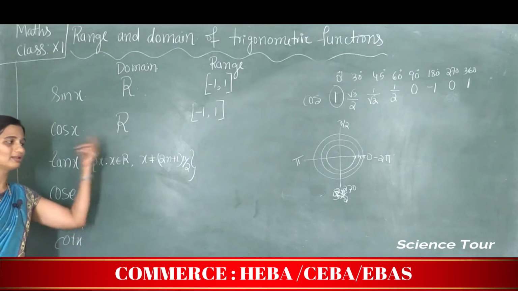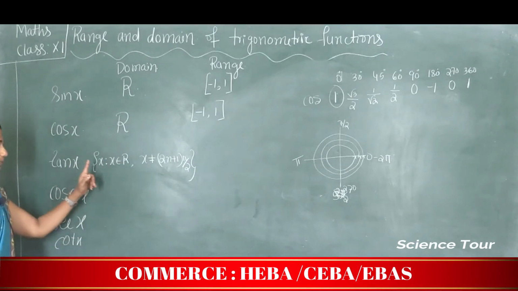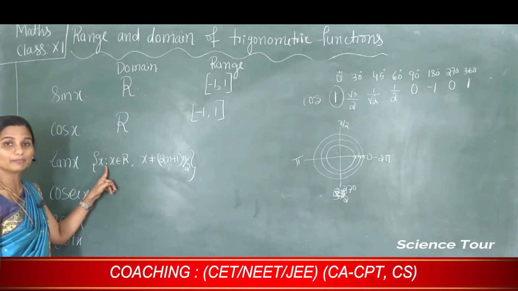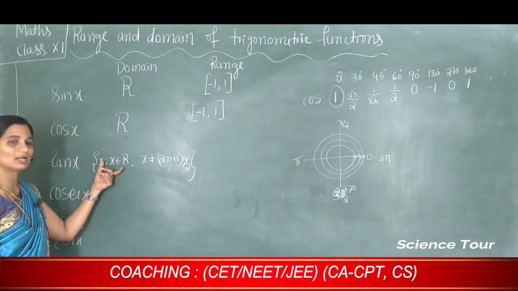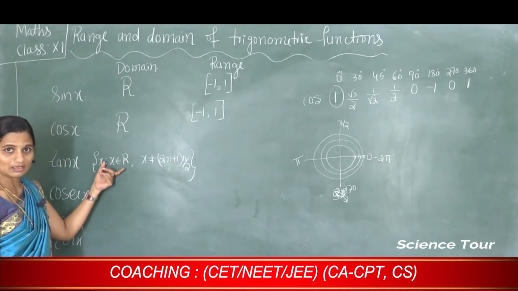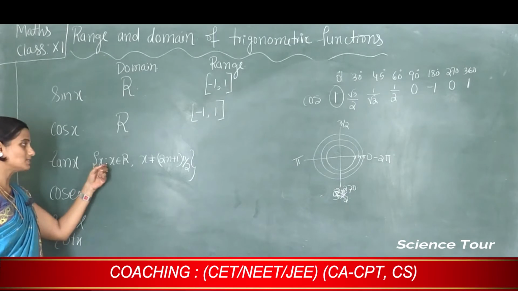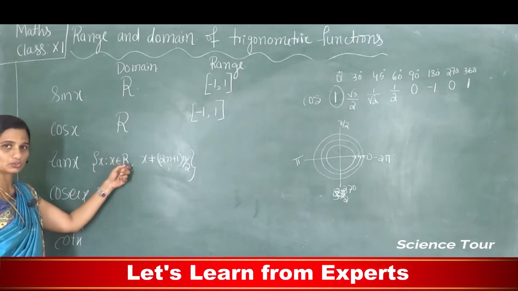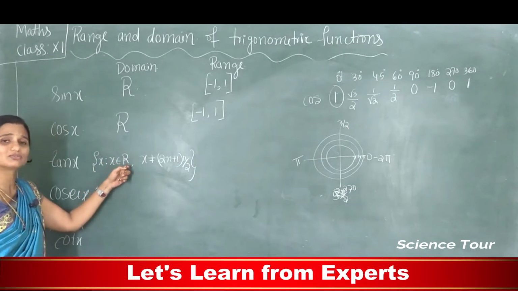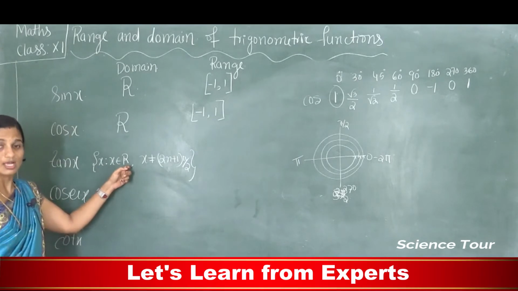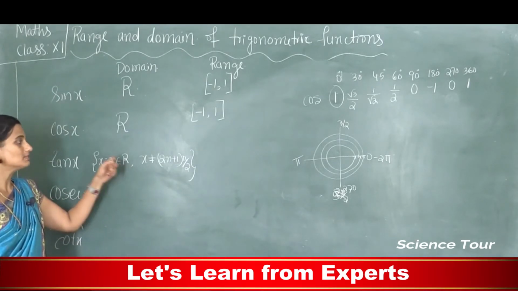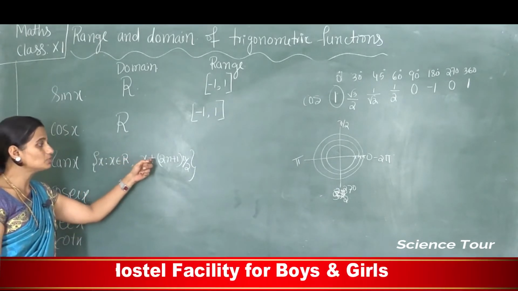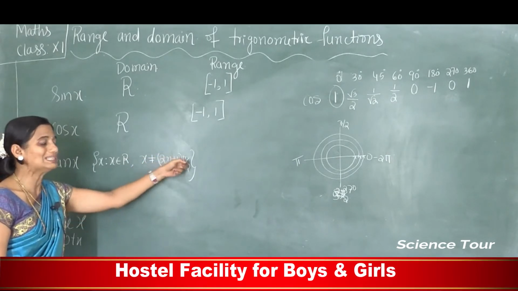Why am I writing this? I wrote "x such that", this you know from your set chapter, roster and tabular method, right? So x belongs to R, the set of all real numbers, but x should not be equal to this form.